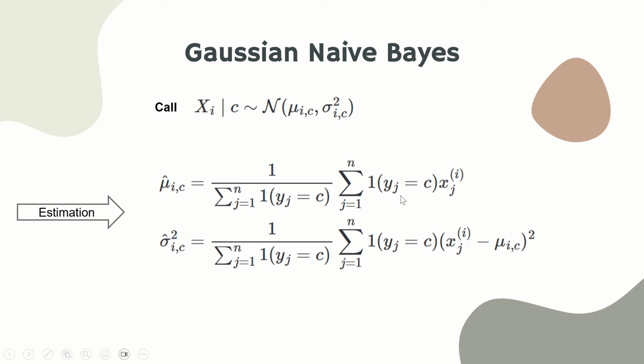And please keep in mind that we actually can use any continuous distribution. We don't have to use the normal distribution. We choose the normal distribution because in reality it happens a lot.